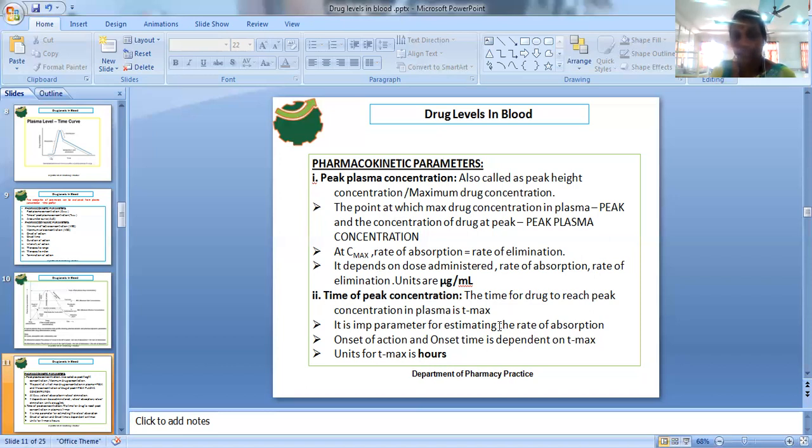Onset of action and onset of time also depend upon the Tmax. The units of Tmax are hours, time units only.